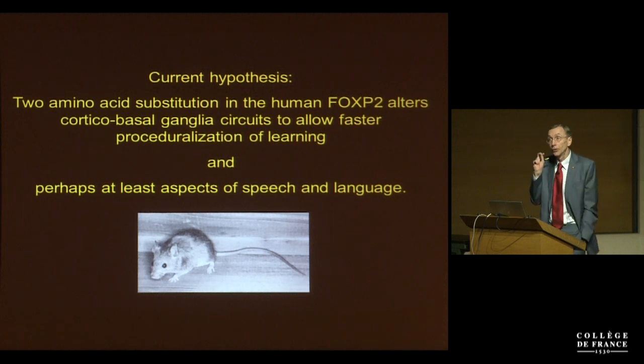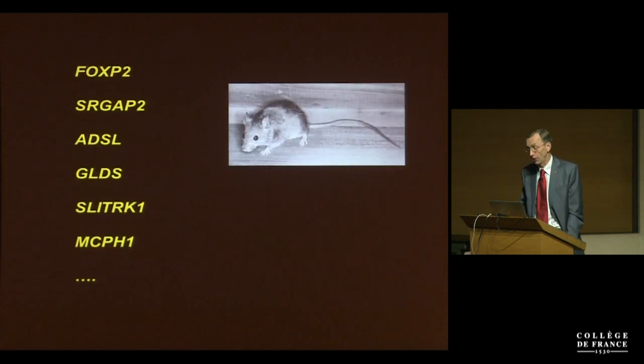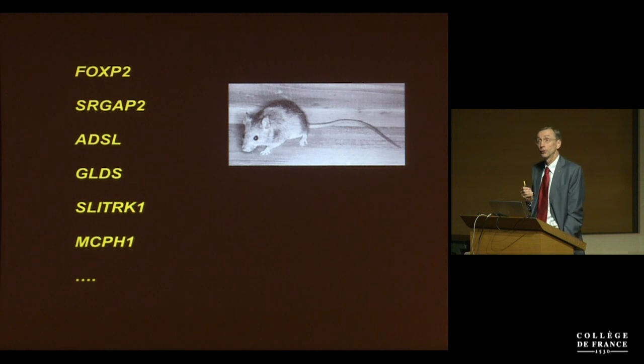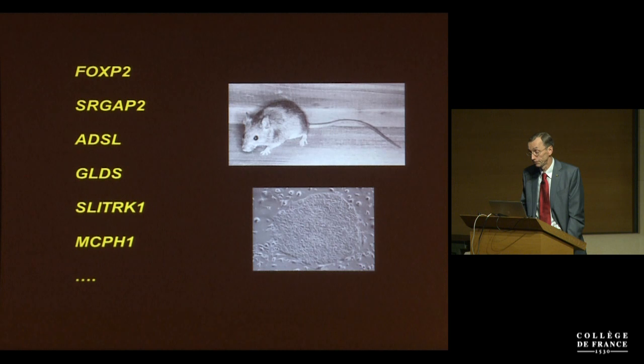So I think this is an encouraging example that one might in the future be able to study many of these genes that have interesting human-specific changes, for example, in a mouse model, but also in stem cell models.